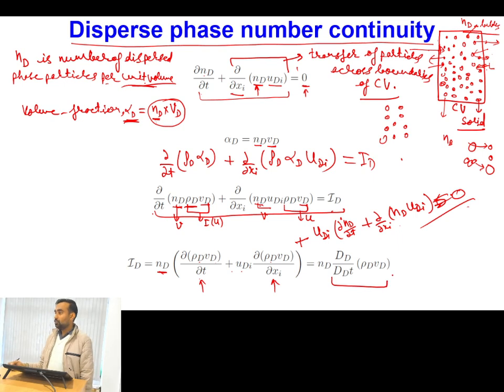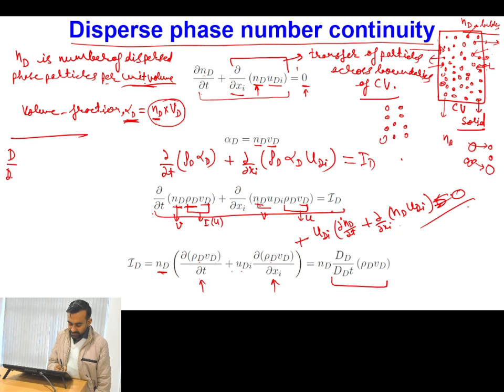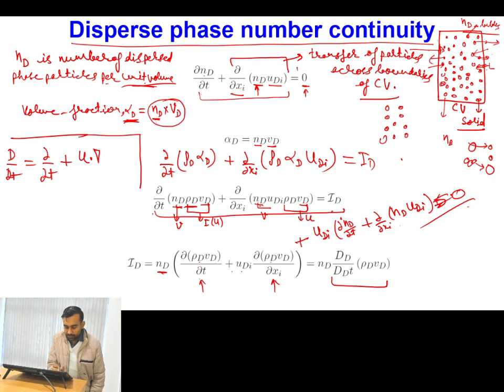What is the definition of total derivative? Please tell me. Total derivative or substantial derivative, d by dt, is del by del t plus u dot del. So this is the local term plus this is the advection term.